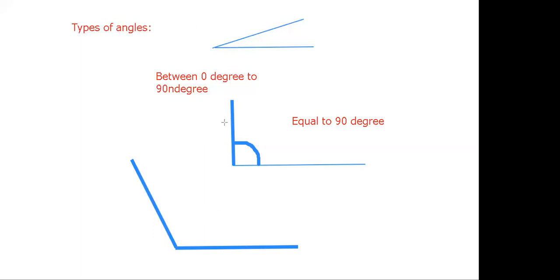The value of the angle, from here up to here, measured with the help of a protractor, is more than 90 degree and up to 180, between 90 and 180, not 180, below 180.